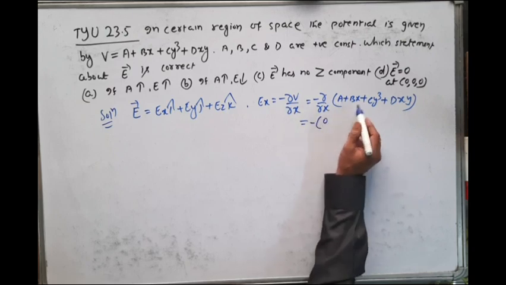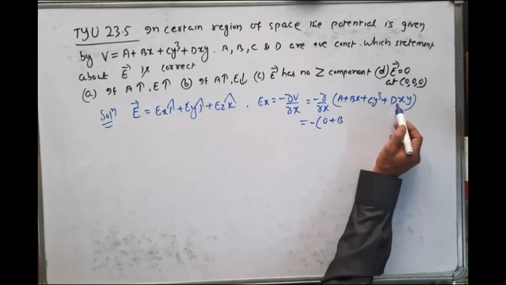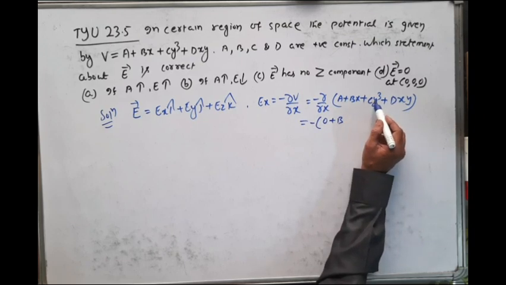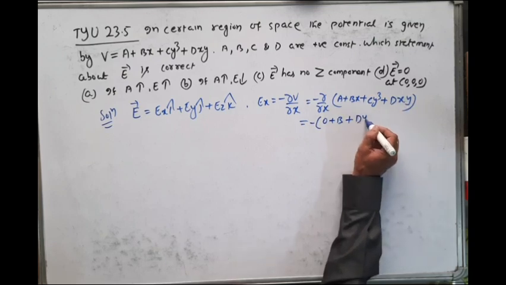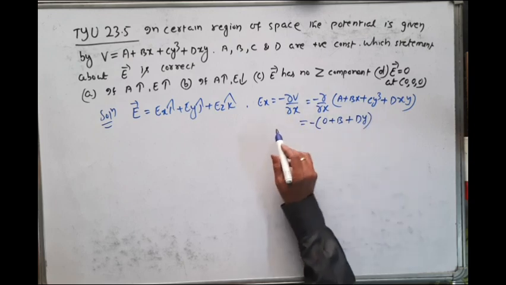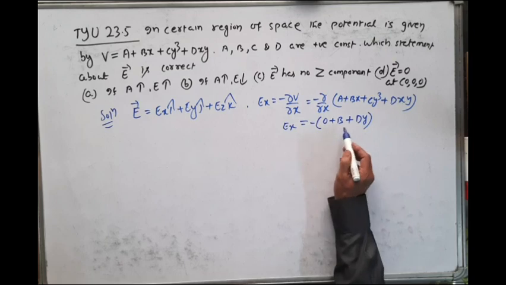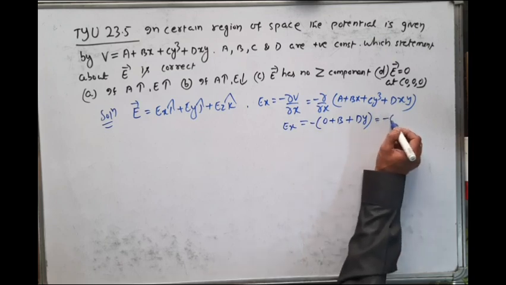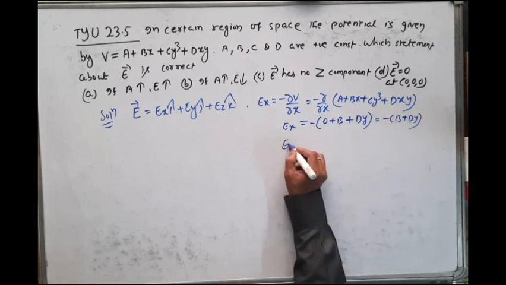So 0 plus derivative of Bx is B. Cy cube is constant, derivative is 0. Plus, what is the derivative of Dxy? D is constant, y is constant, so Dy. So this is your Ex. So Ex is equal to minus (B plus Dy).